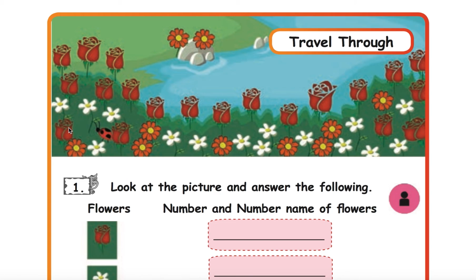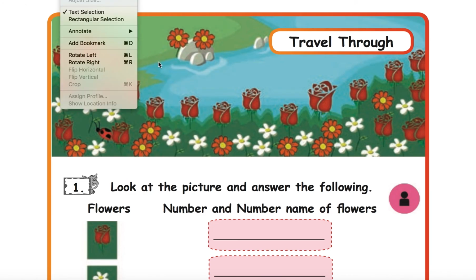How many numbers? 1, 2, 3, 4, 5, 6, 7, 8, 9, 10, 11, 12, 13, 14, 15, 16, 17, 18, 19, 20. So we got it right.